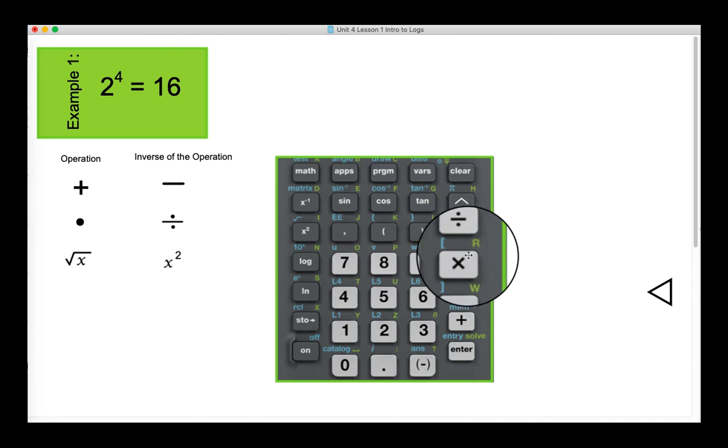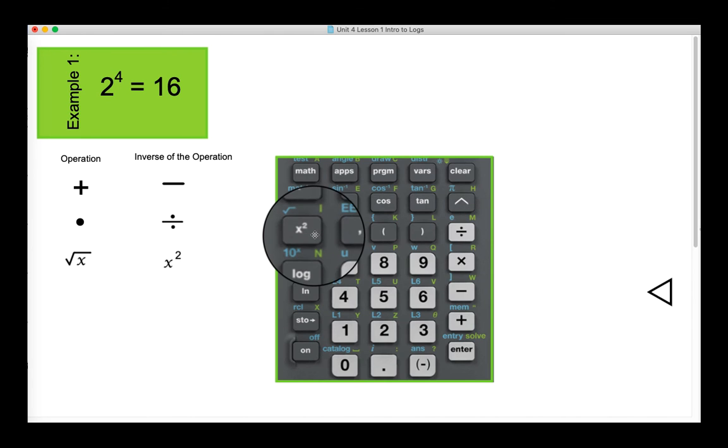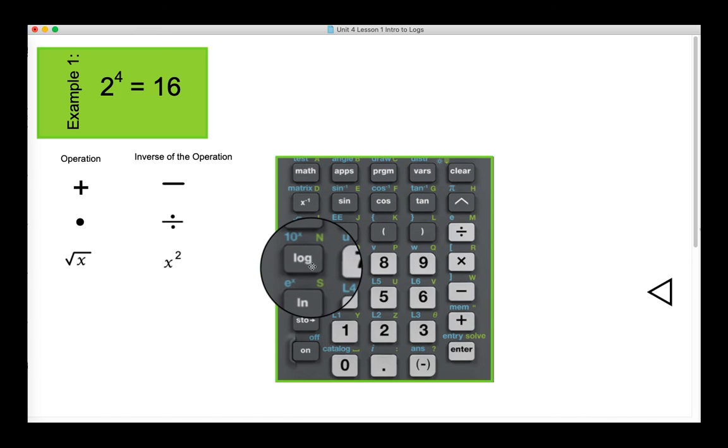Divide and multiply are right next to each other, and they get their own keys because they're used so often. But let's look at squared and square root. Look, they're on the same key because they're inverses of each other. And this is what you're learning today. Log, and see what's above it? 10 to the x. An exponent, and log undoes exponents.